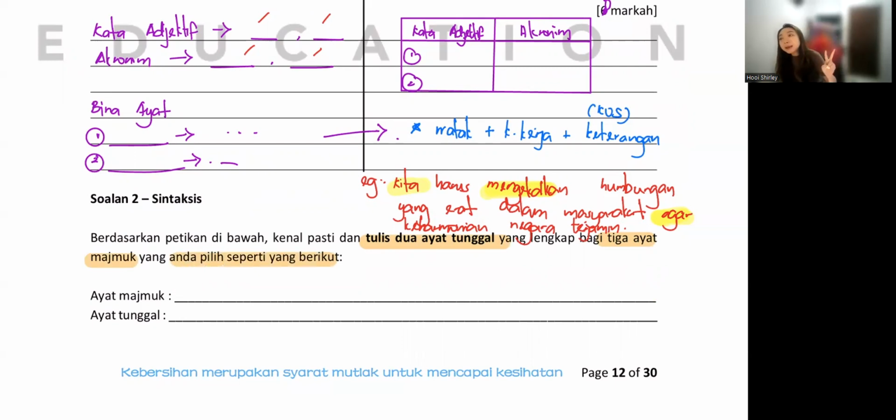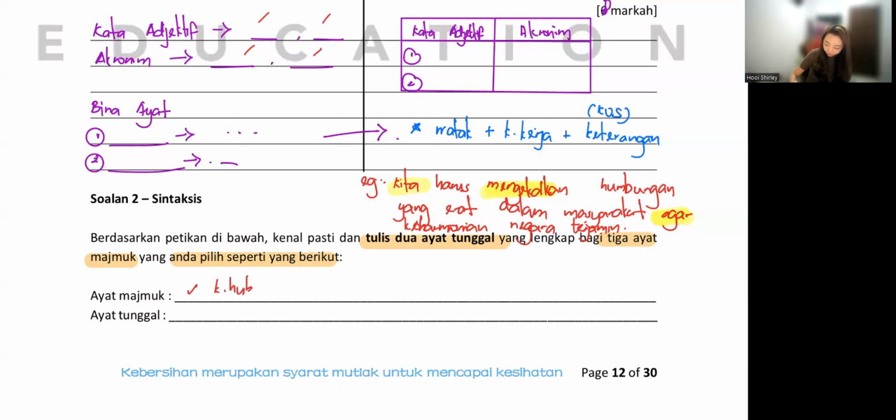First thing first, may I know what is ayat majmuk? How do you identify whether this is ayat majmuk or not? What is the characteristic? Exactly, kata hubung. So for ayat majmuk, you will have kata hubung.